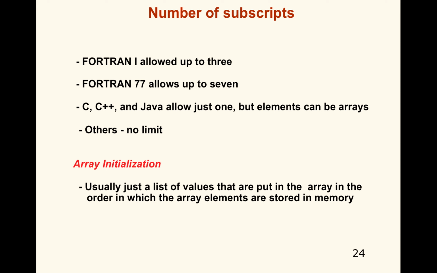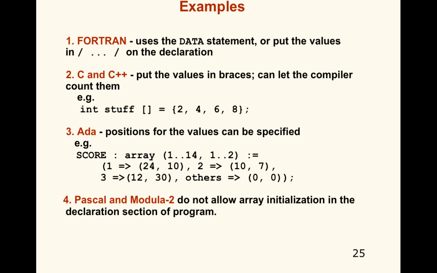In terms of array initialization, it is usually just a list of values that are put in the array in the order in which the array elements are going to be stored in memory. The initializations are done in a couple of different ways, but it's basically the same as assigning values to variables. Some examples: Fortran uses a data statement to initialize it. In C and C++, you can put the values in brackets, or you can let the compiler do it for you.